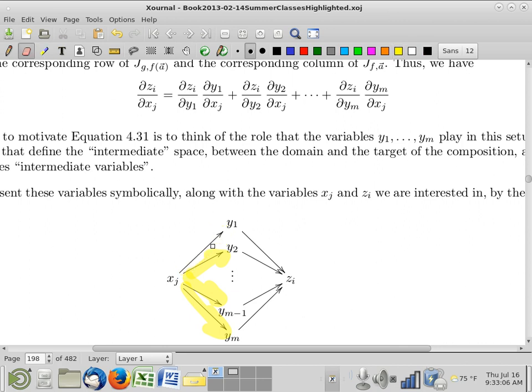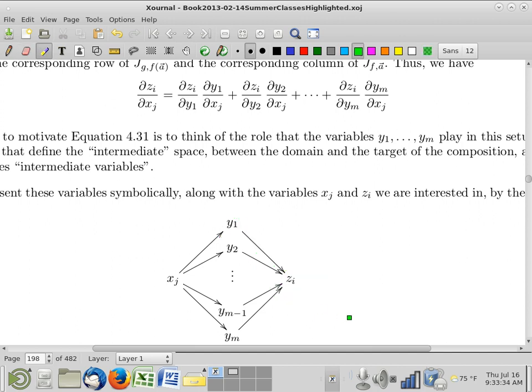Okay, now, so what? The thing is that each one of these y variables, when it changes a little bit, is going to cause a change in zi. Why? Because zi, like all the other z variables, is a function of the y variables, right? So you change y1 a little bit, that's going to change zi some little bit.